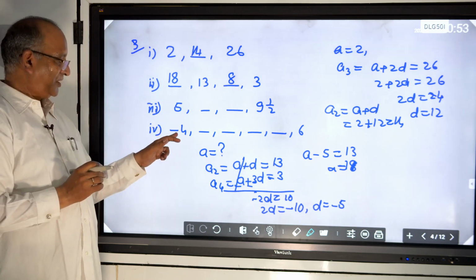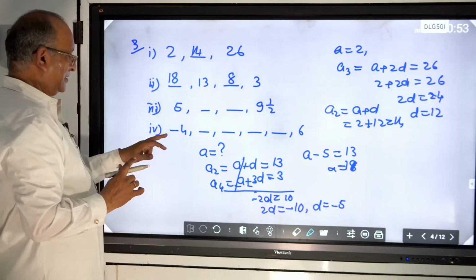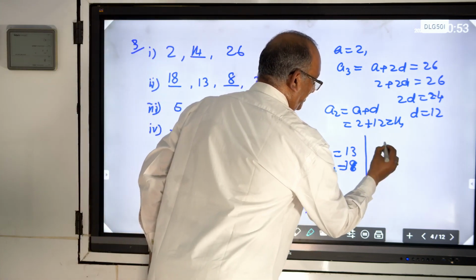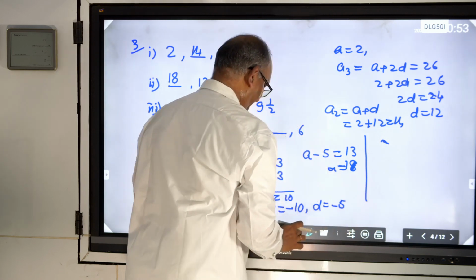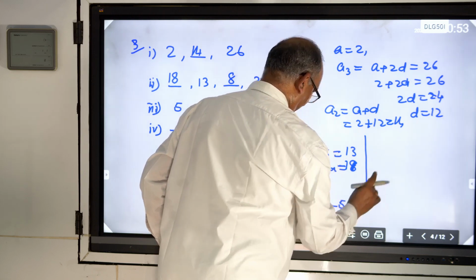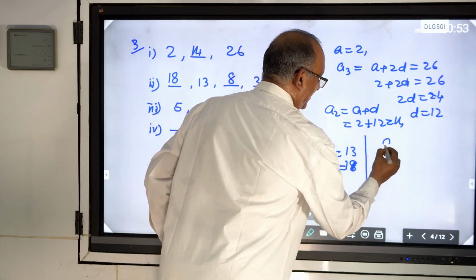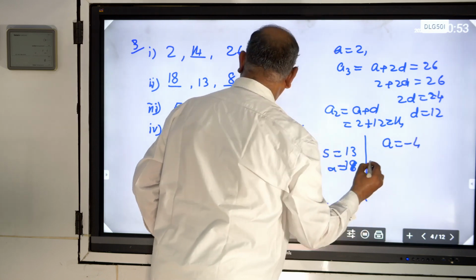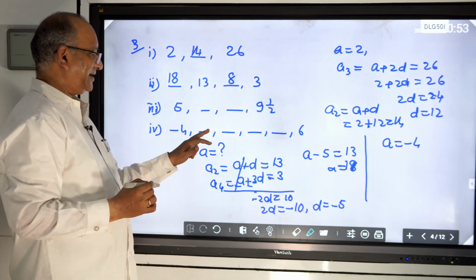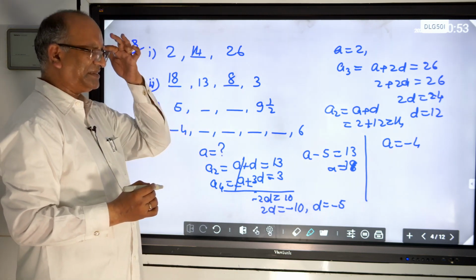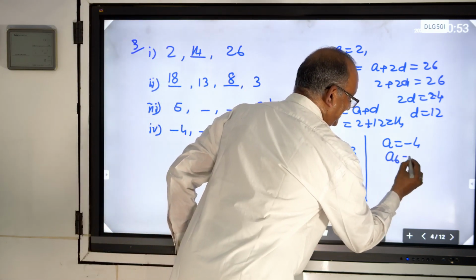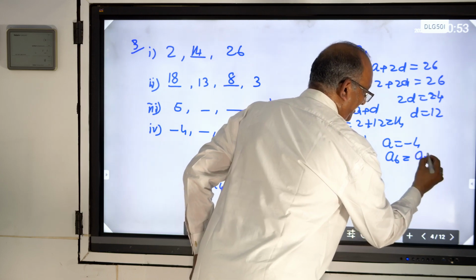We'll just do one more problem, the last one. Here, for this particular problem, a is equal to -4. Count first, second, third, fourth, fifth, sixth term is 6. The sixth term is represented as a6. a6 is nothing but a plus 5d.